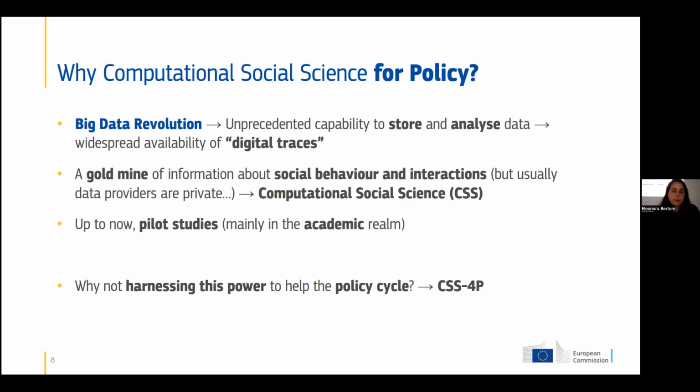This goldmine of information about social behavior and interaction is usually stored and secretly held by private providers. So the computational social science discipline really tries to tap into that goldmine of information and make it available for the society at large.